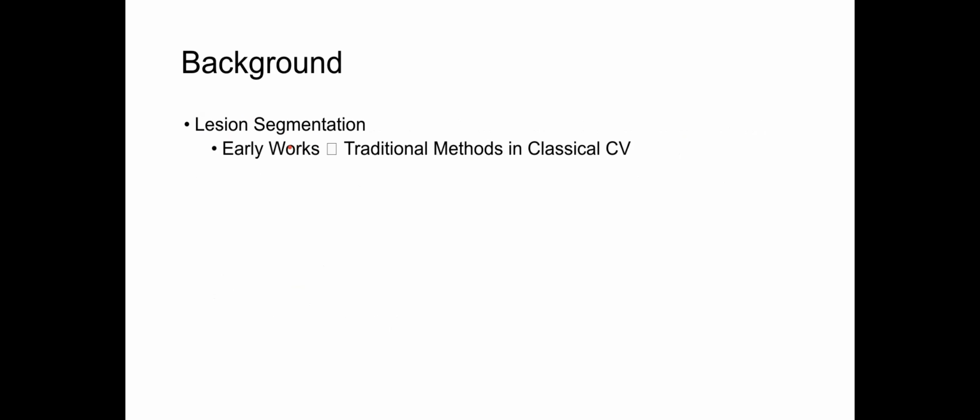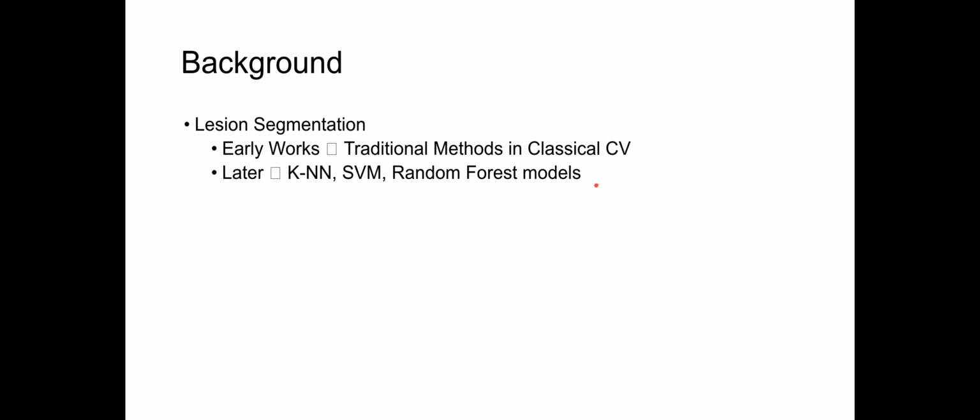So a little background about this problem in the area of lesion segmentation. First of all, early traditional computer vision algorithms were used, and later machine learning based algorithms were developed. These two types depend on handcrafted features.